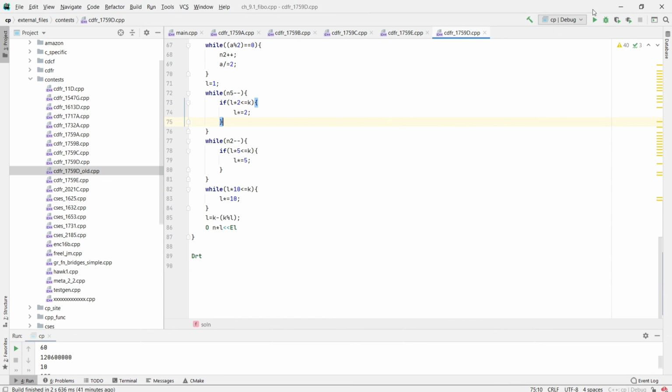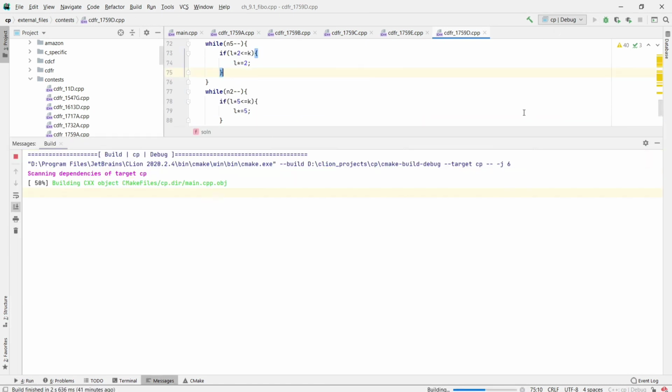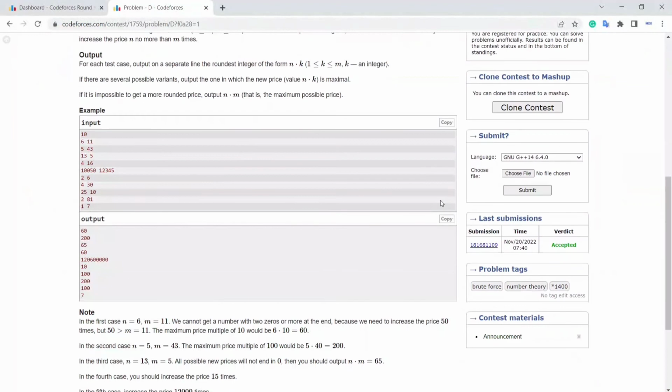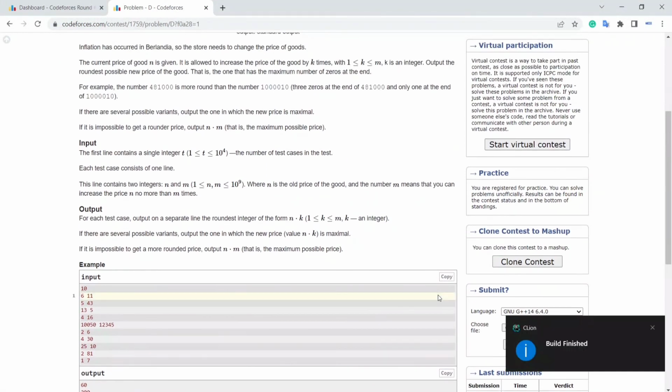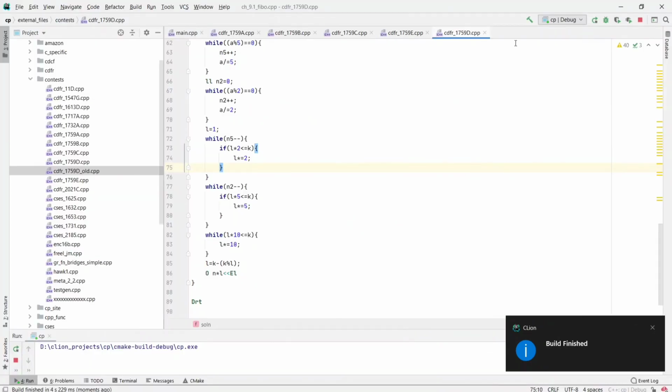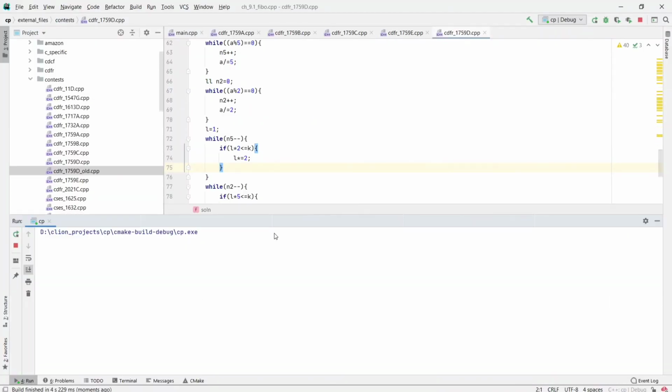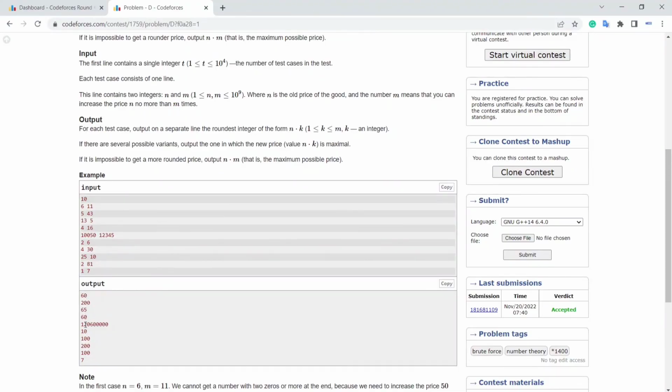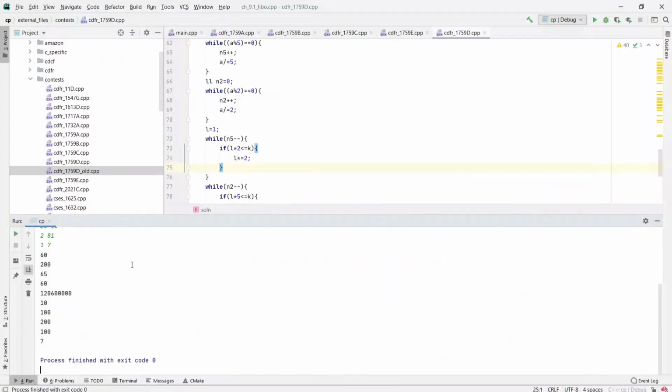Let's test this with the given test cases. That seems fine to me.